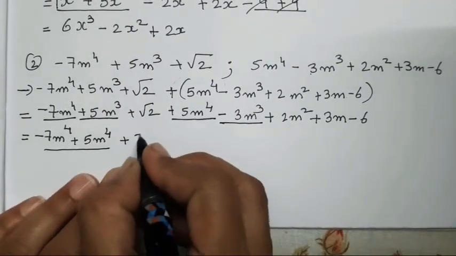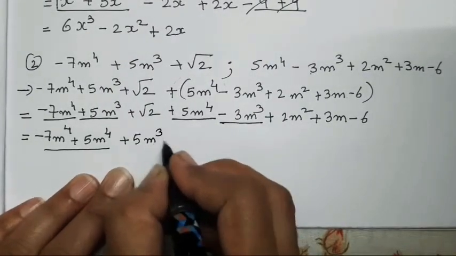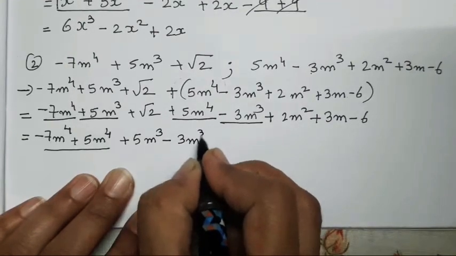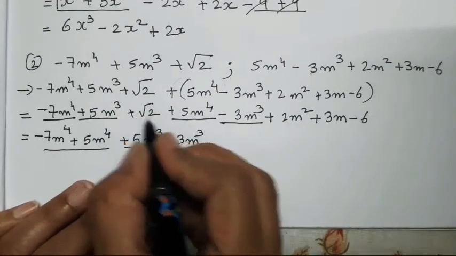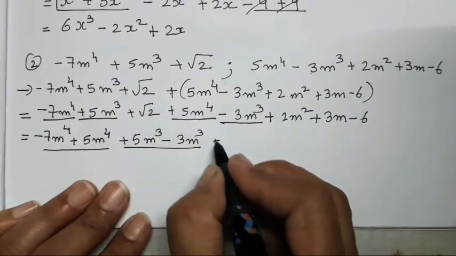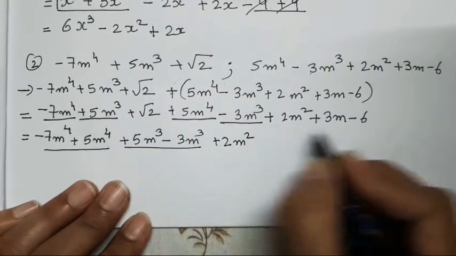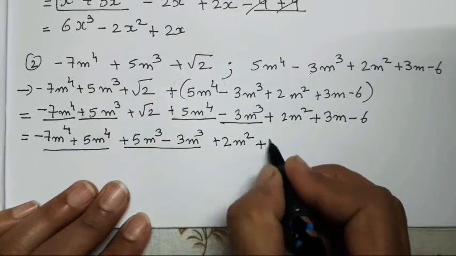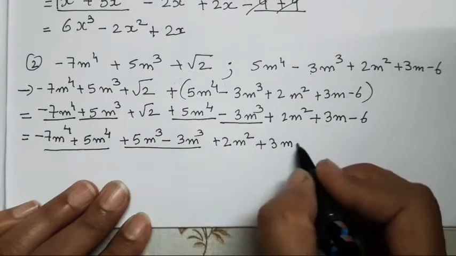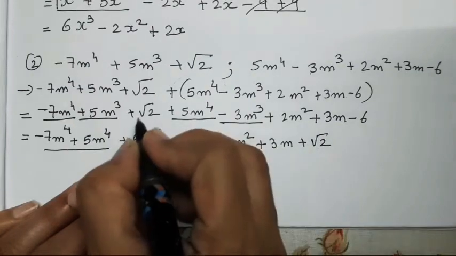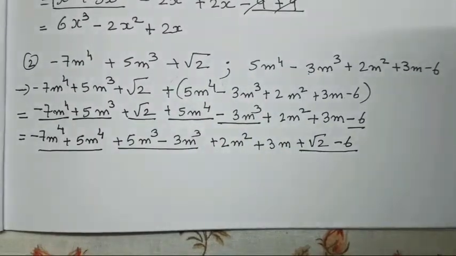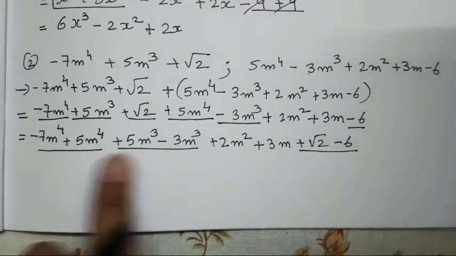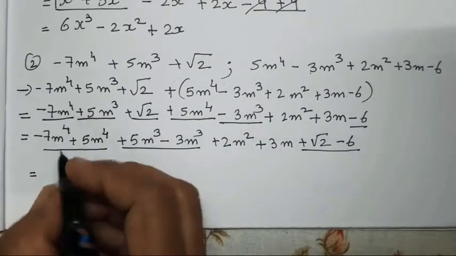Now this and this, underline it and keep it so that there will be a set and you can directly solve it. Next is this, which is alone. This also is alone, and plus root 2 and minus 6. This you all need to solve. What you have to solve, I have underlined it in order to get it easy.